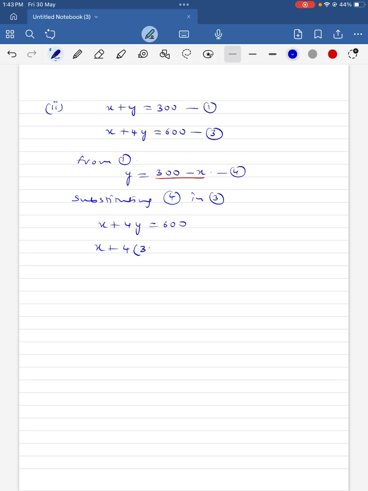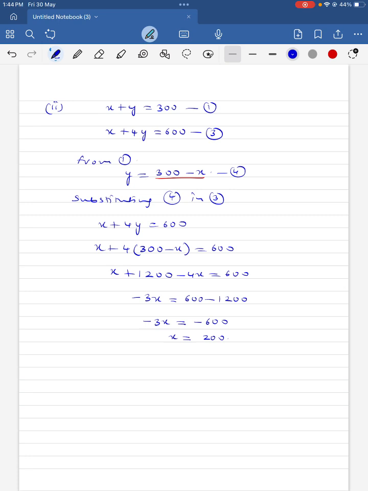So x plus 4 times 300 minus x is equal to 600, or x plus 1200 minus 4x is equal to 600, minus 3x is equal to 600 minus 1200, minus 3x will be minus 600, or x will be 200. So now we found out the number of chairs is 200.